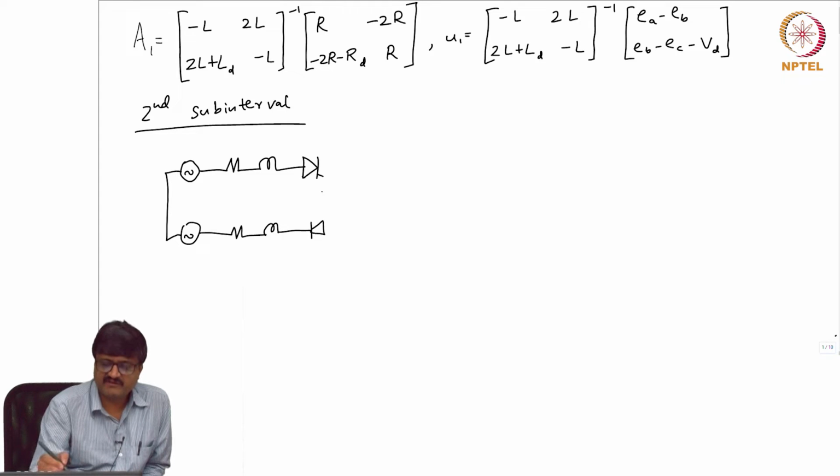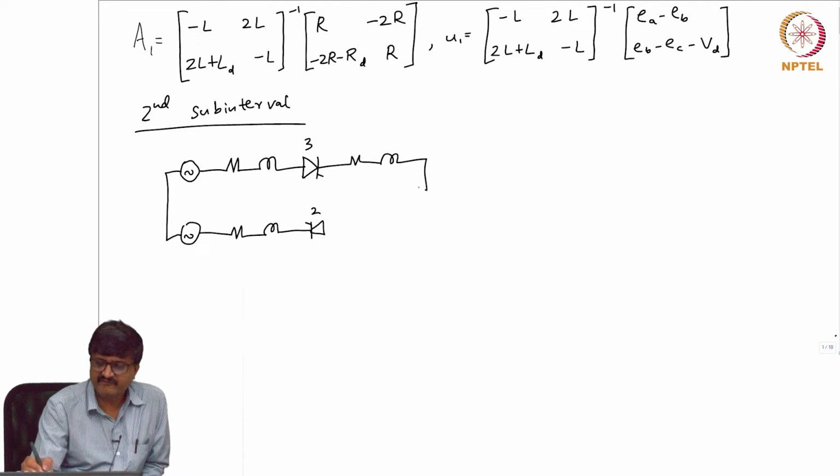So, 2 and 3 valves conduct. This is valve 3, this is valve 2, and I have RD, LD and VD on the DC side.